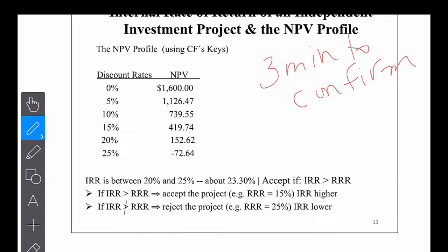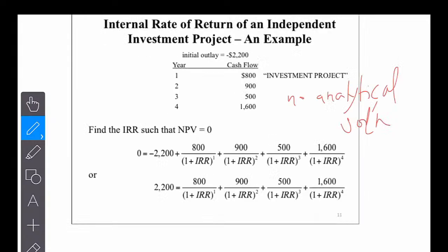Anybody get it? No comments? So what you're doing is putting these cash flows into your calculator.